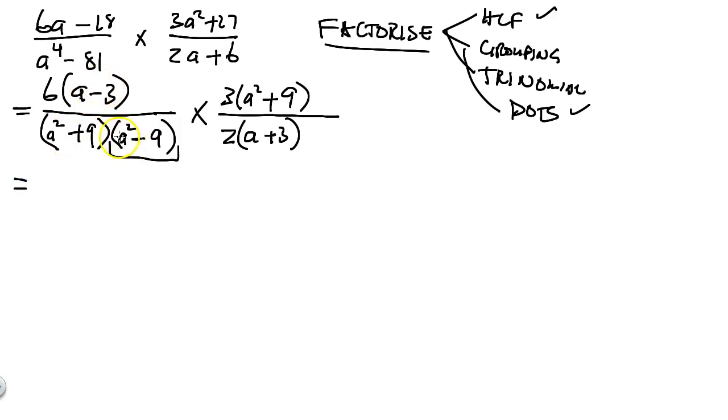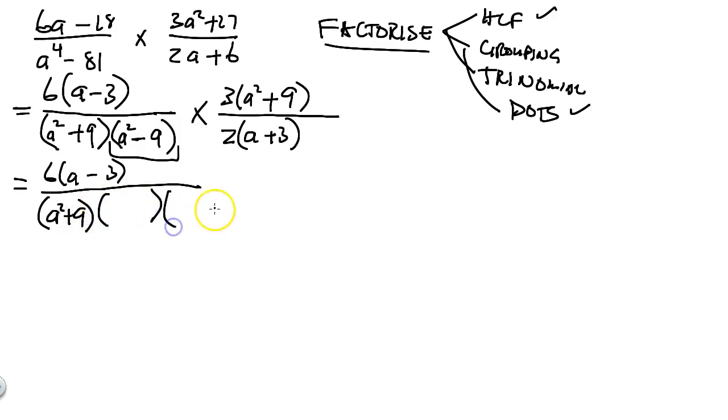Remember I told you we still need to factorize that. That's a difference of two squares. So 6 into a minus 3, a squared plus 9, and a squared minus 9: the square root of a squared, halve it, half of 2 is 1, so it will be a and a.